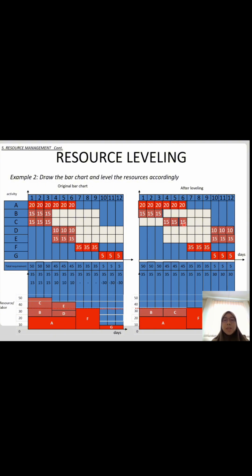So we move C from here to here, and then we move D, since D and E have float until day 12. So we can move D and E to here since we have surplus of labor from day 10 to 12. So it will become like this.